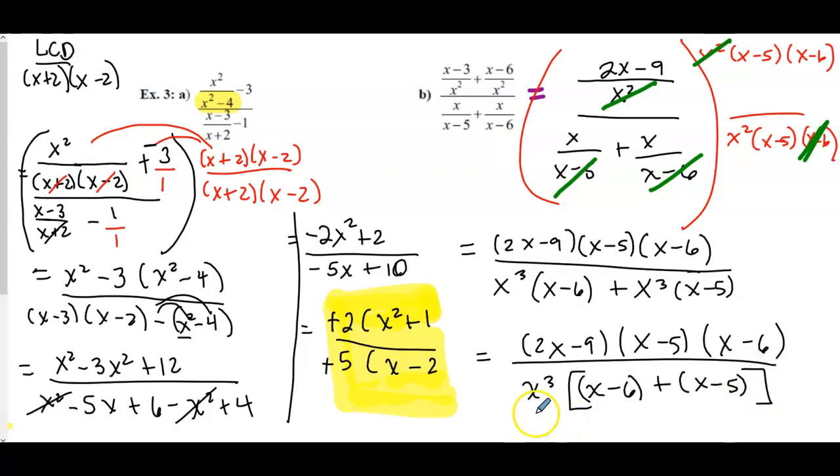You can simplify that denominator as x cubed times 1x plus 1x is 2x, subtract 11. And so if you want to leave your fraction in factored form, here's the numerator and here's the denominator.